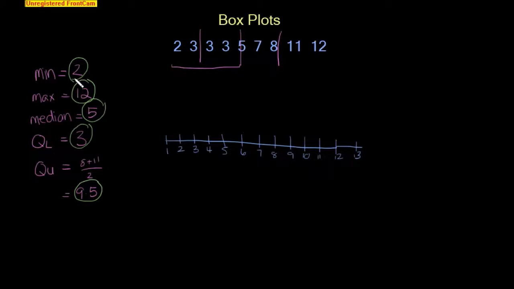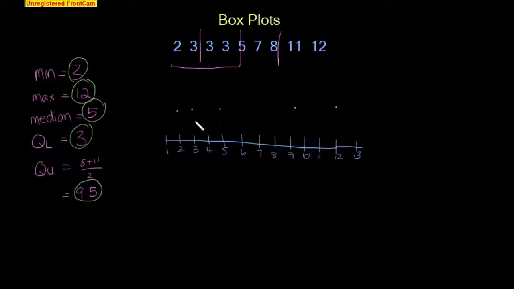So we need a point at our minimum. We've got a minimum value of 2, our maximum 12, our median is 5, lower quartile 3, upper quartile 9.5, which is about there.